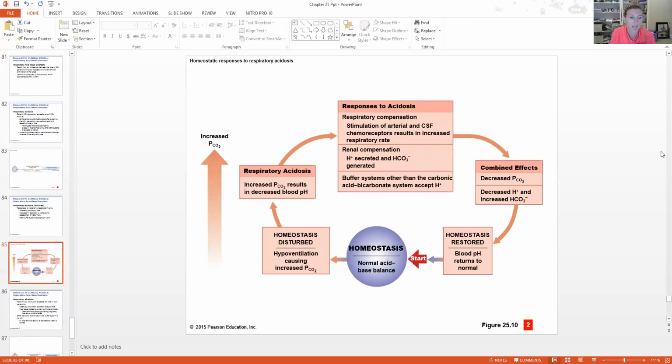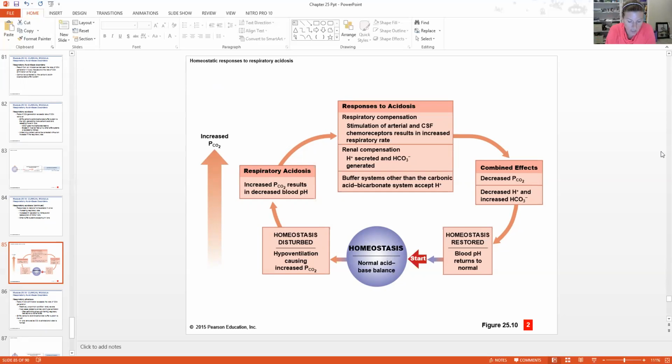This is how it all works together. I strongly suggest taking this slide, breaking it down into its parts. What do we have here? We have a normal pH, but then hypoventilation is going to cause an increase in partial pressure of carbon dioxide, which is going to cause a decrease in pH. So what do we have? Decrease in blood pH, and buffers are binding to our hydrogen ions.